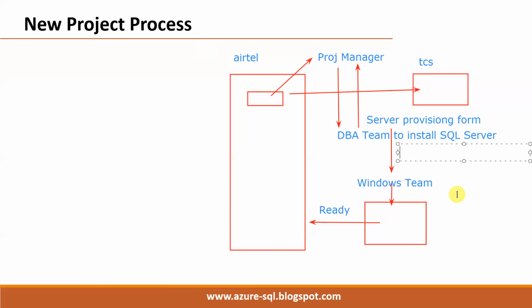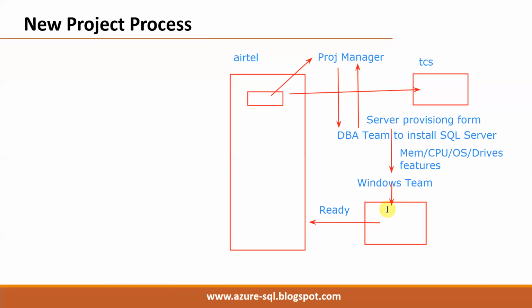So here we will mention how much memory is required, how many CPUs, which OS we need on the server, what the drive specifications are, how many drives with how much capacity, and what OS level features should be enabled. Those things we will mention in the email, and send the server request to our planning team, Windows team.